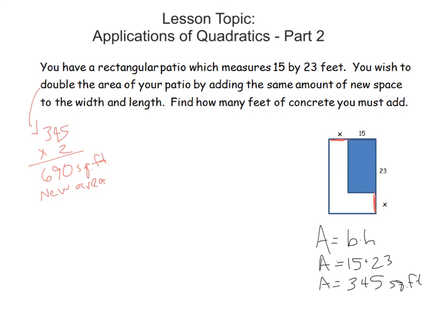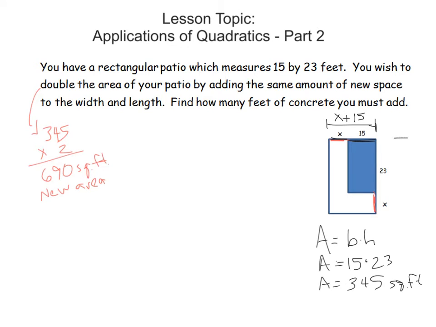Well, this x value right here is a portion of this entire width right here. So if we think about what this entire width would be right here, or the base, if you want to call it that, well, we know it's the value of x here plus 15 more feet. So 15 added on to that x, we have x plus 15 for that length there.